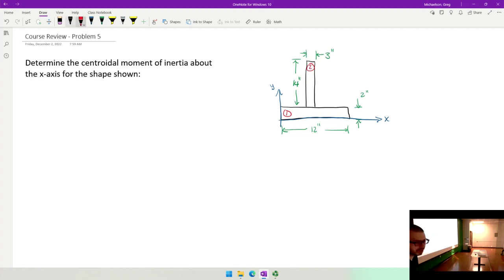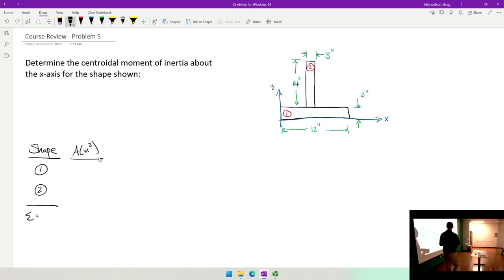Now, you know how we do moment of inertia calculations or centroid calculations. We do it all as in one big table. So we're going to have two shapes and then a summation column at the bottom. So the first thing that we'll do is record the areas.